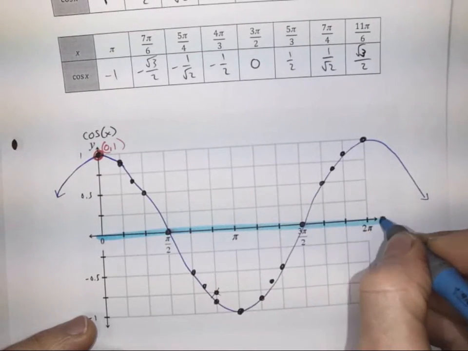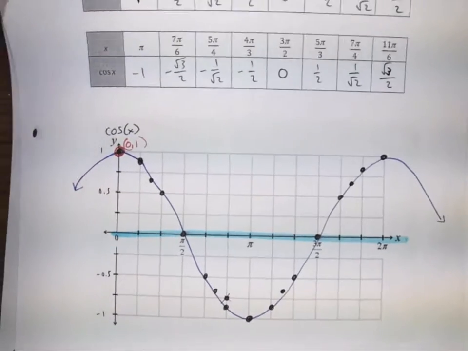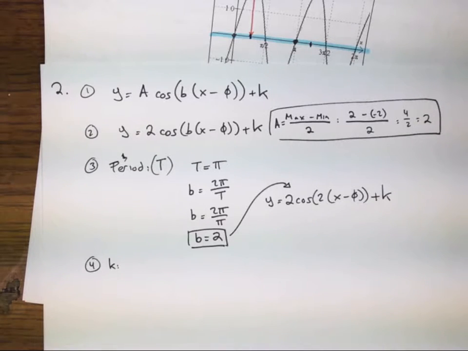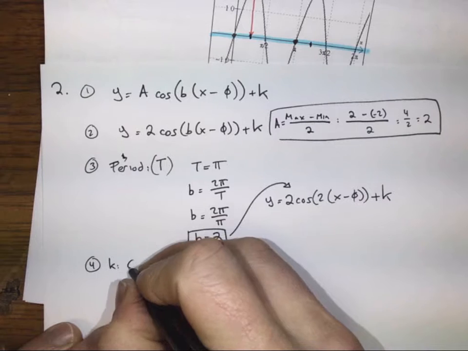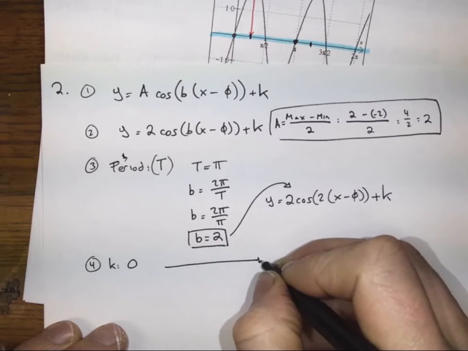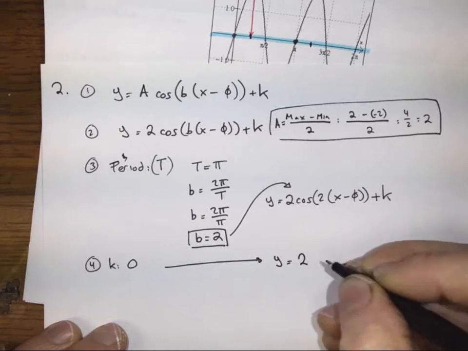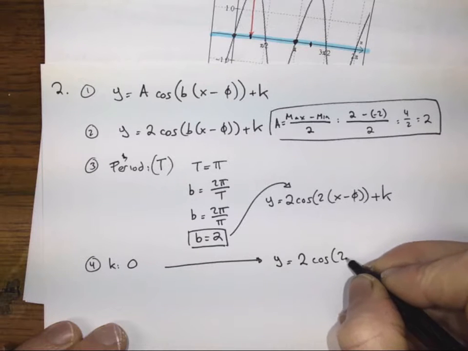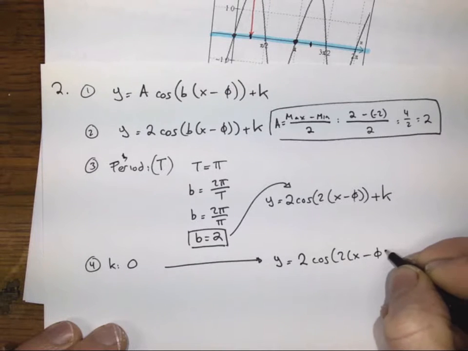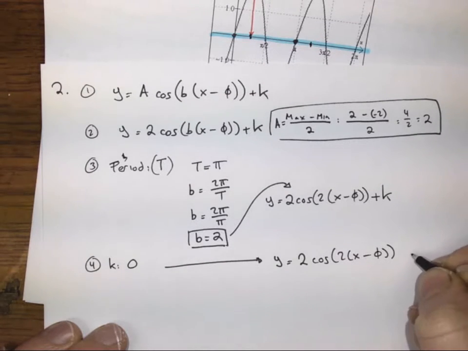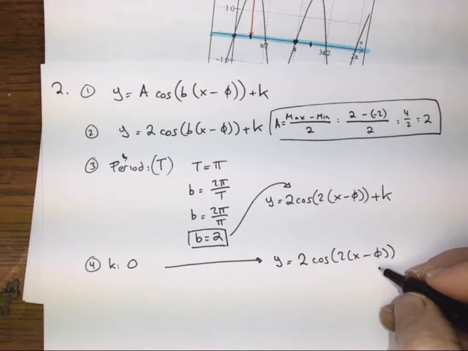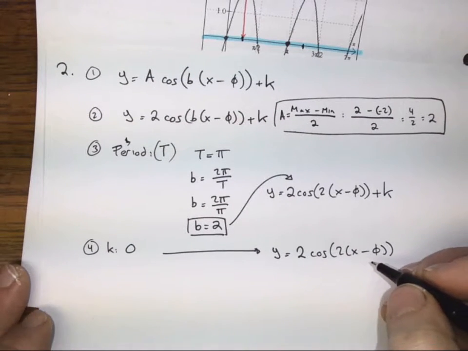So I wouldn't say this new graph is shifted up or down. So my k value is 0. That means I can rewrite the equation as y equals 2 cosine(2x minus phi), and I'm not even going to write any plus 0. So now I just need my phi value, and then I am done.